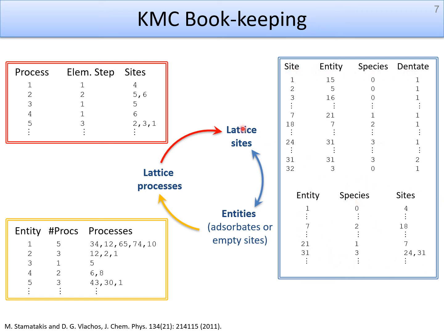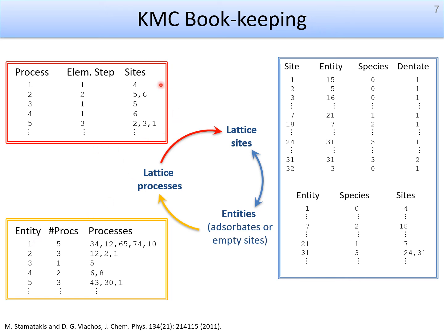This way we can go back and forth, right, between the state of each one of the sites and the entities, so the adsorbates or the empty sites, so we can know which sites are occupied by these entities using this array here. Then we have this participation array, which tells us which elementary processes each one of these entities participates in.